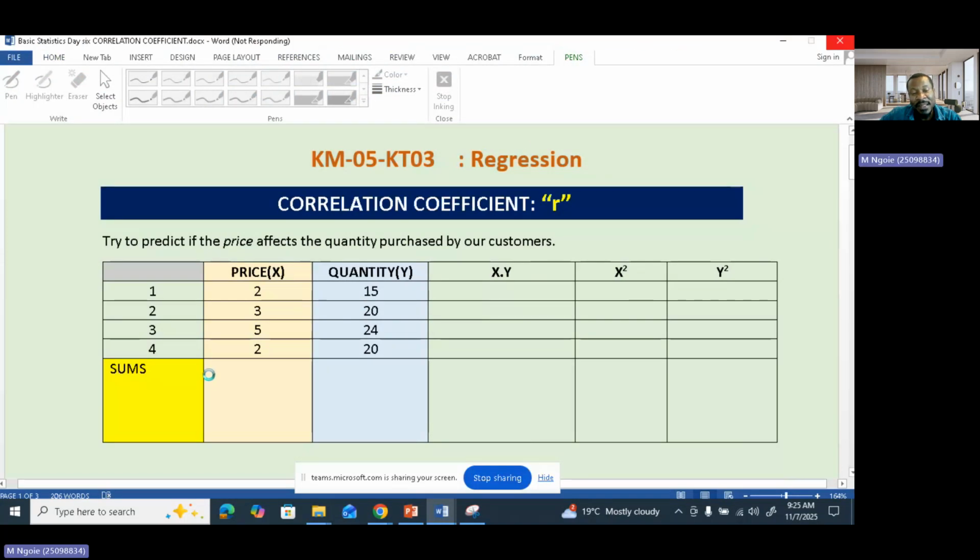We're going to find the sum of all the prices, the sum of all the quantities, the sum of prices times quantities, and we're going to find x squared and y squared also, right?